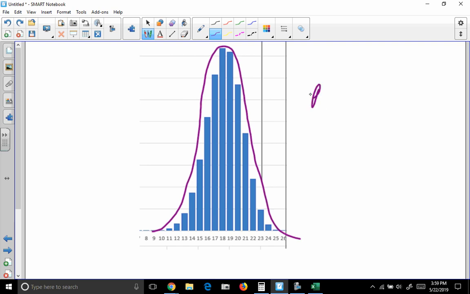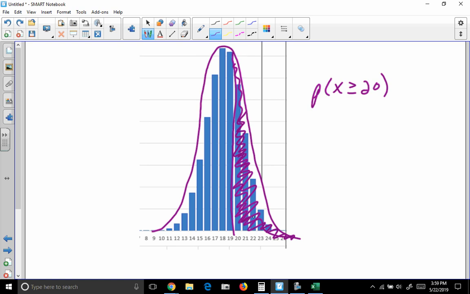If we wanted to know the probability that x is greater than or equal to 20, instead of having to add up the columns for 20, 21, 22, 23, 24, we could find the area to the right of there, and that would encompass all of those bars.